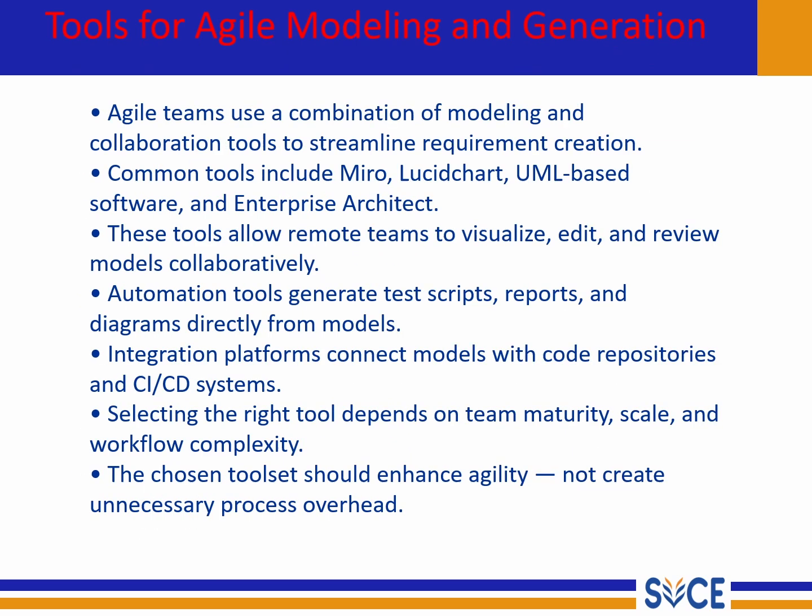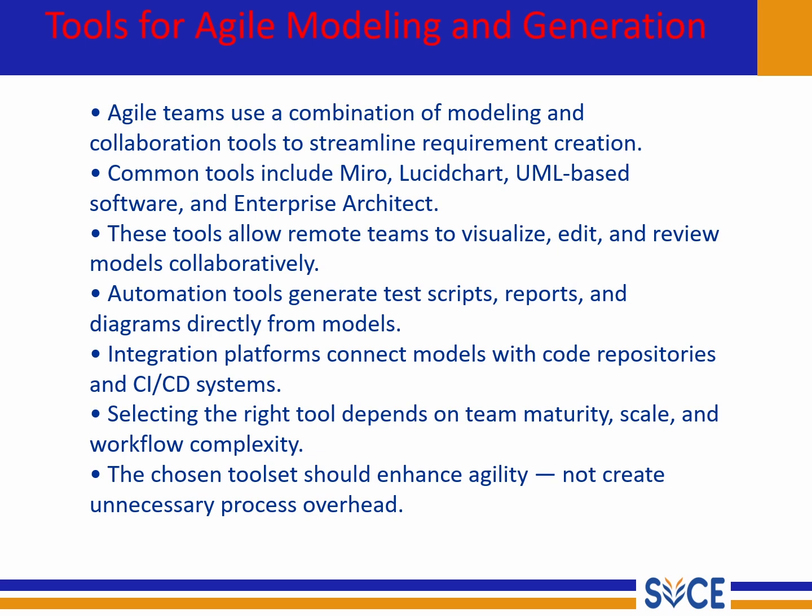And the next one is the tools for agile modeling and generation. Agile teams use a combination of modeling and collaboration tools to streamline requirements creation. Common tools include Miro, Lucidchart, UML based software, and Enterprise Architect. These tools allow remote teams to visualize, edit, and review models collaboratively.